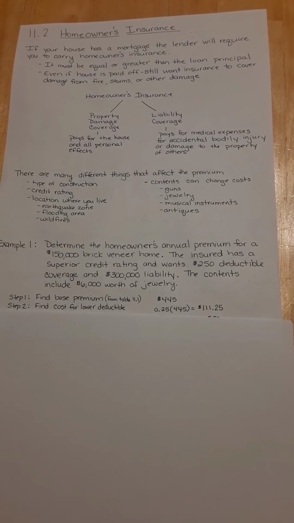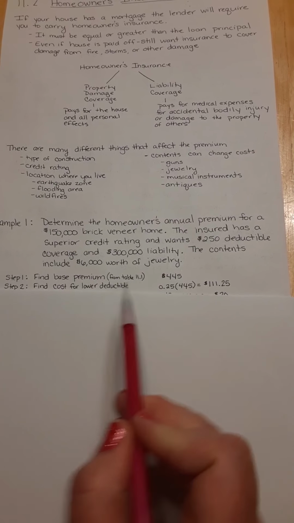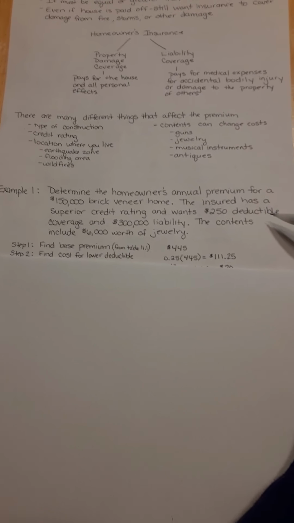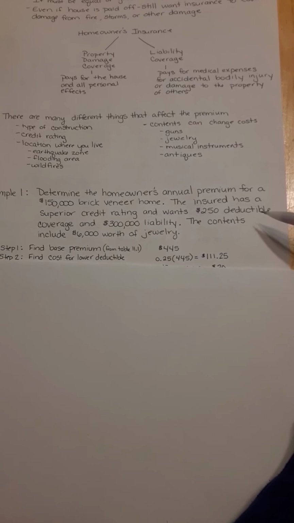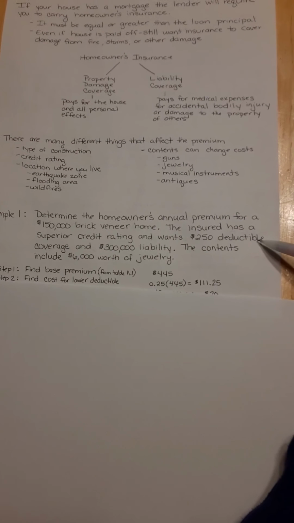Now we're going to go ahead and find our additional cost here. It says here that we want a $250 deductible. Now that is not your standard deductible, okay? Your standard deductible is $500. So we're going to have to pay extra to have this lower deductible.